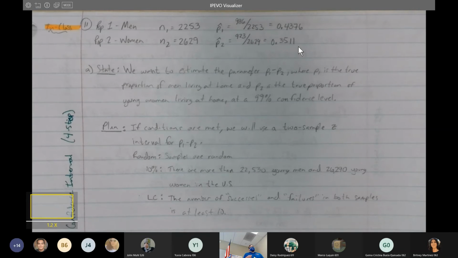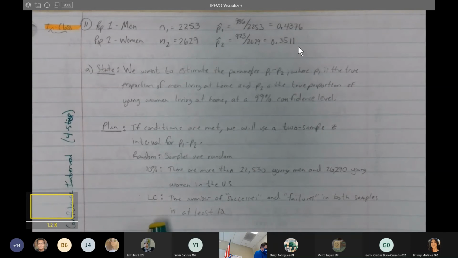It is obvious that there are more than that many young men and young women in the United States. Since there are more than that, the sample size is less than 10%, because if there were exactly that many, the sample size would be exactly 10%. We know the population is greater than that. So it's another way of saying that the 10% condition is met, since we obviously don't know the actual population sizes for young men and young women. We weren't given that.